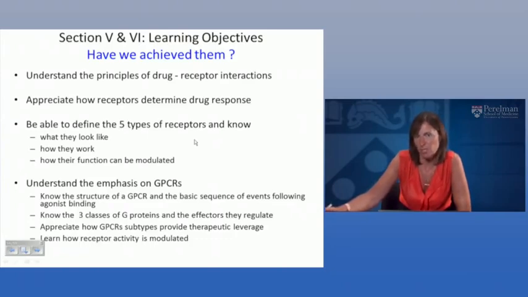And then specific to G-protein coupled receptors, know the structure of the G-protein coupled receptor.